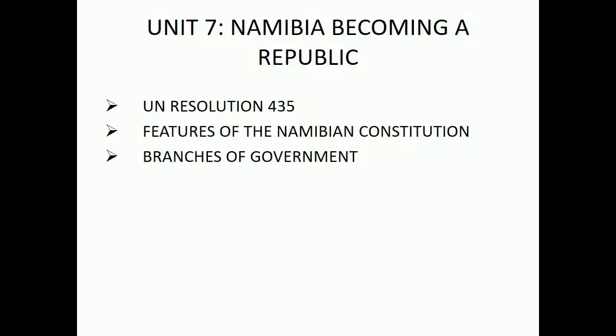The next point here is the features of the Namibian Constitution. The Namibian Constitution is the highest authority in the Republic of Namibia, but it has different features.